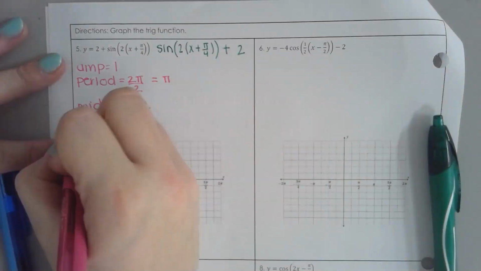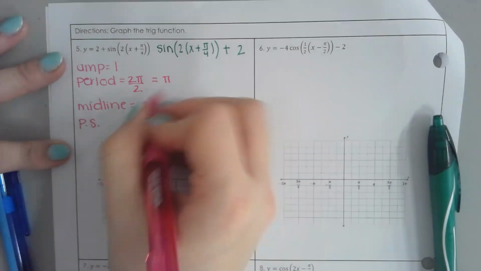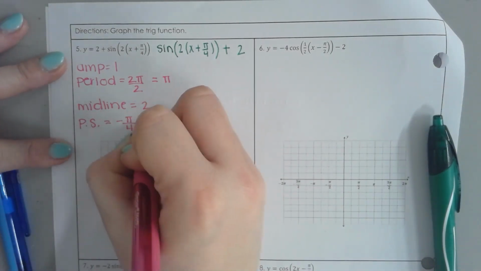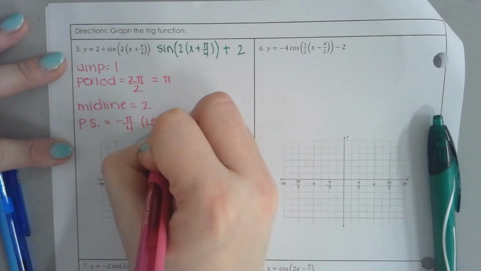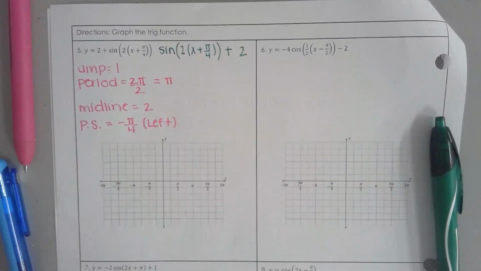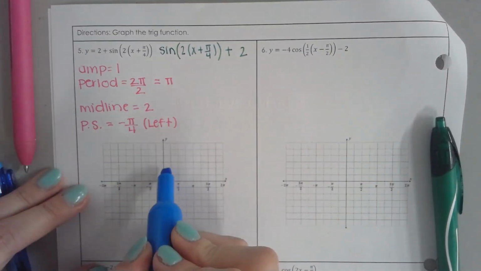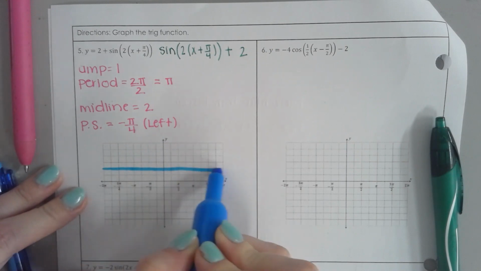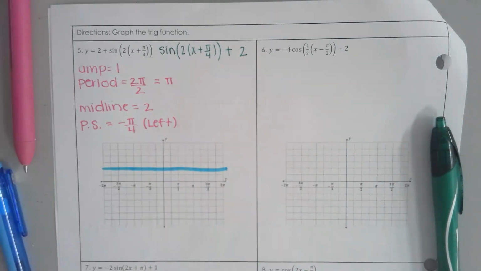And then my phase shift is negative pi over 4, which means this one is also going to ultimately move left. So there's my midline.